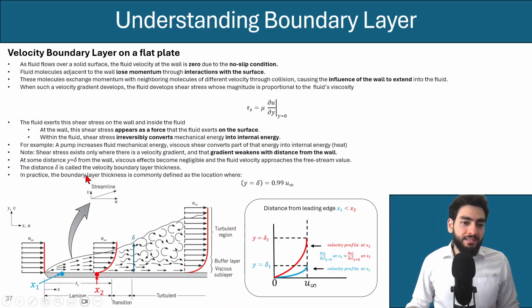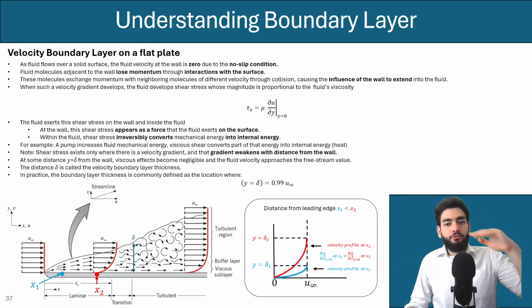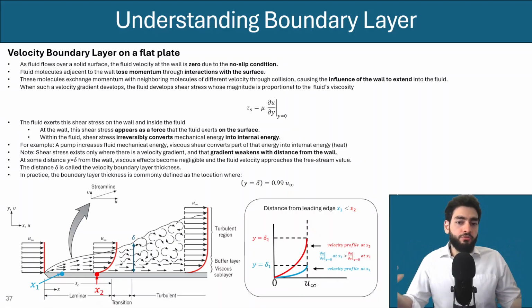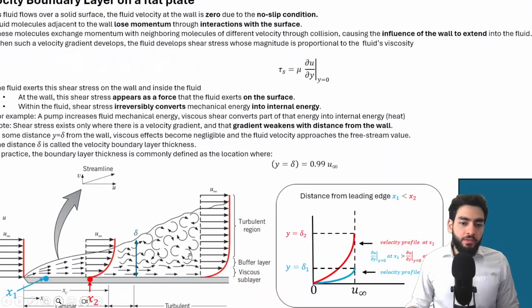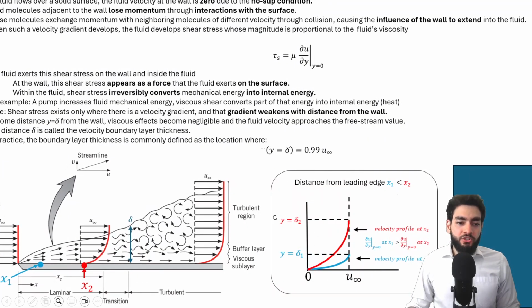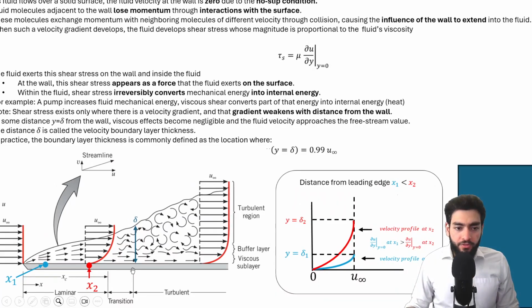And in practice, the boundary layer thickness is commonly defined as the location where the stream velocity is at 99% of its bulk velocity or free stream velocity. And here, this graph, I was trying to make a point: the velocity gradient weakening further across the surface of the plate.